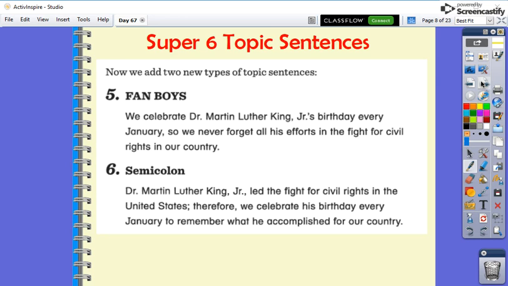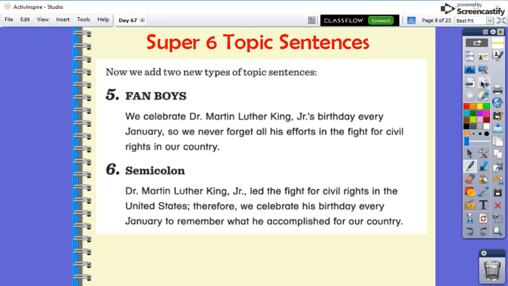The two new topic sentences we are going to learn about are fanboys, which is the first one, and a semicolon topic sentence, which is the second one. Together, these two with the four that we've already learned are called the Super Six topic sentences. The fanboys is the first type that we are going to look at.